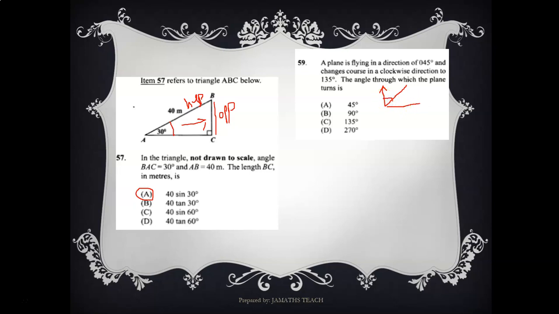And then it changes course in a clockwise direction to 135 degrees. So again, it's changing course. So north line is going to 135 degrees. That's 90, 90 plus 45 more would give me 135.